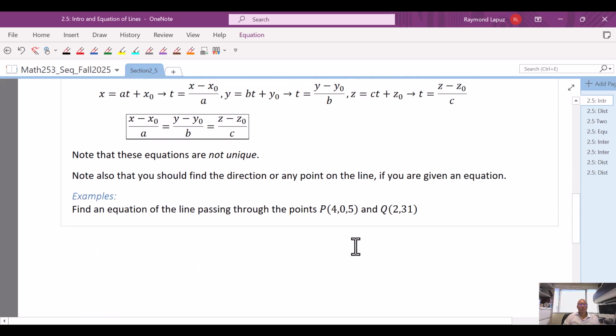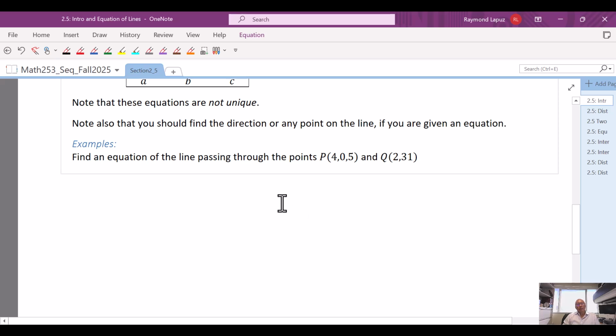Let's do an example. Here are 2 points, and we want an equation of a line passing through these 2 points. I don't have a direction. Remember, the 2 things that you need are a point and a direction. So I have 2 points, and I need to find a direction out of that.